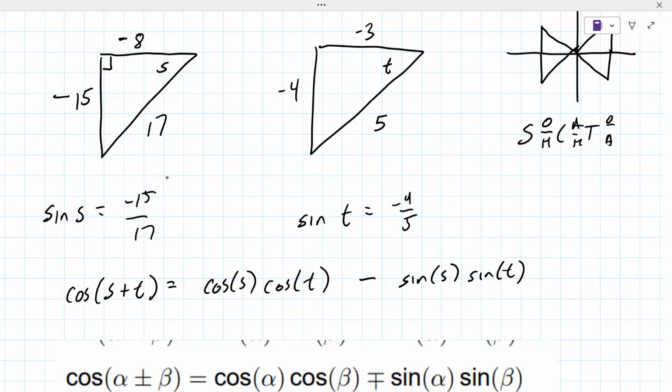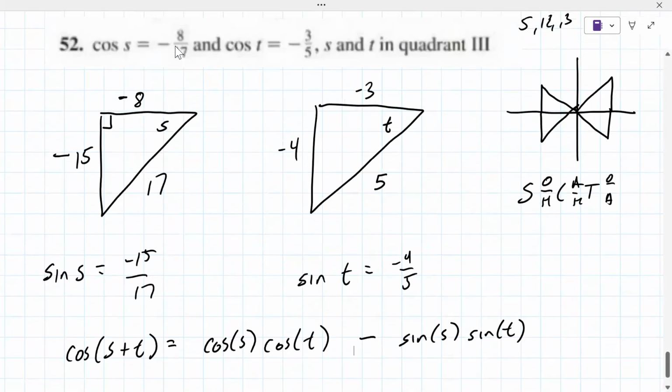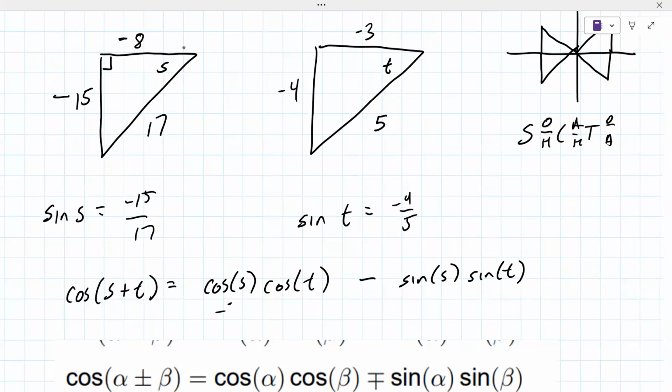So would it be 8 over... You got 8 over... Now you go back and grab. So the cosine of S is minus 8 over 17. The cosine of T is minus 3 over 5. And then the sine of S is negative 15 over 17, and sine of T is negative 4 over 5. You got it. Perfect.